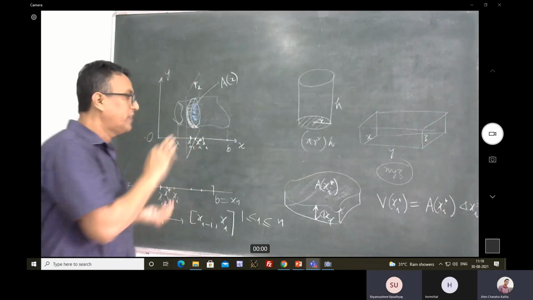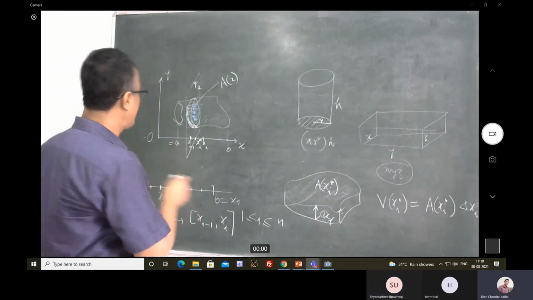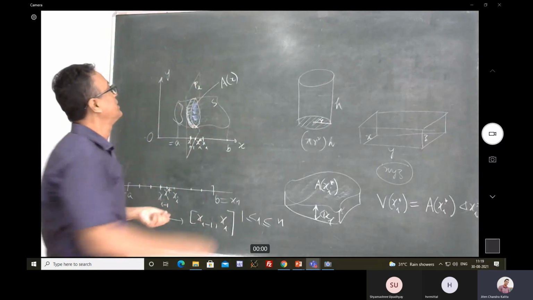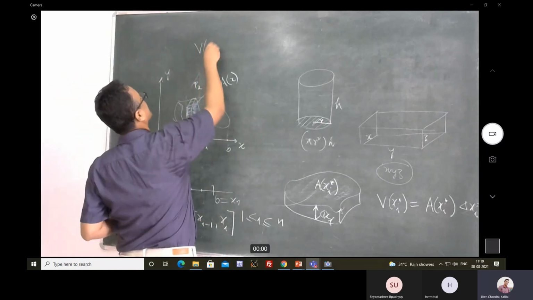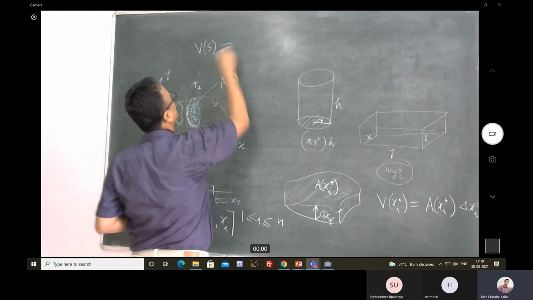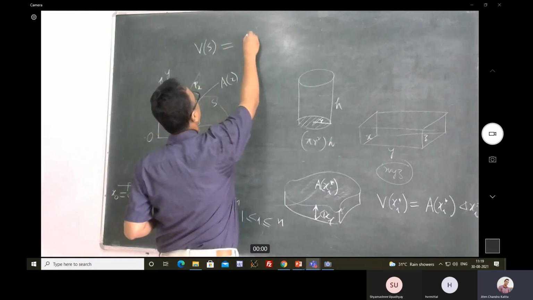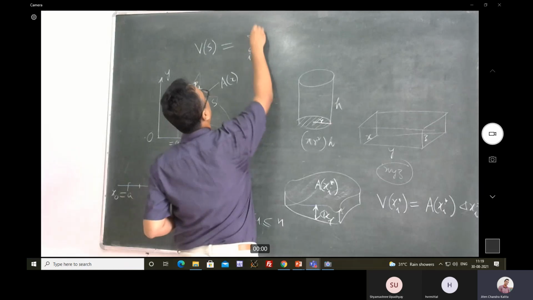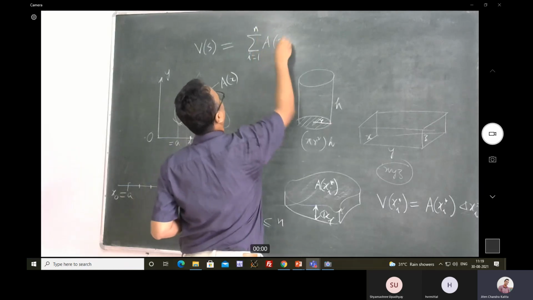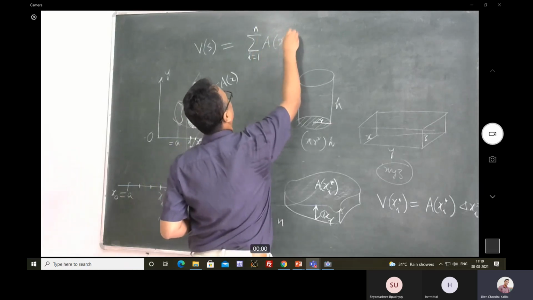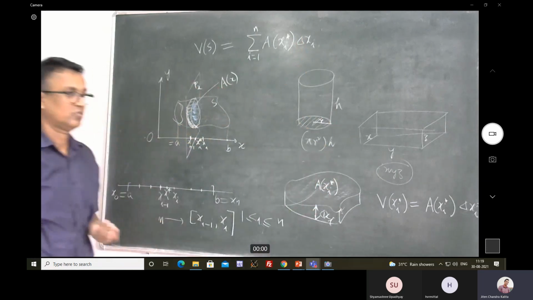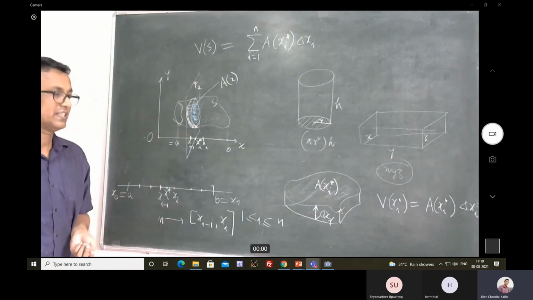Then if I have to find out the volume of this solid, let us call this solid S. Then the volume of the solid S is simply going to be the summation of all those slices, A of x_i star times delta x_i.